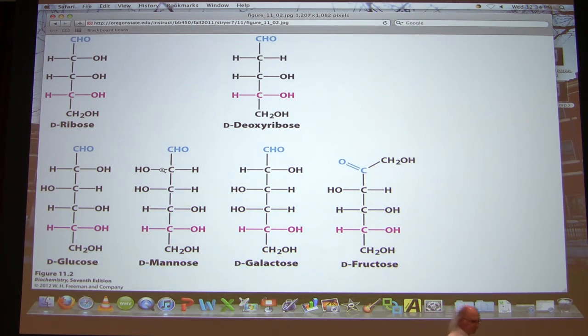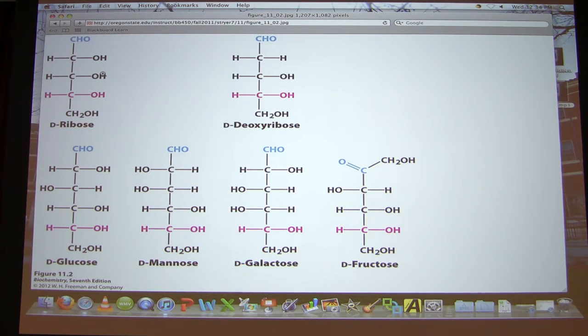Okay? Now, when we start looking at sugars, carbohydrates here, we start thinking, okay, what's Kevin going to make us know? All these structures? Well, there are hundreds of possible carbohydrate structures. That pained look says, I really don't want to know that, right? I'm not going to make you know all those, but I will make you know the structures of the important ones. And the reason I make you do that is you're going to need to know them in other classes, all right?